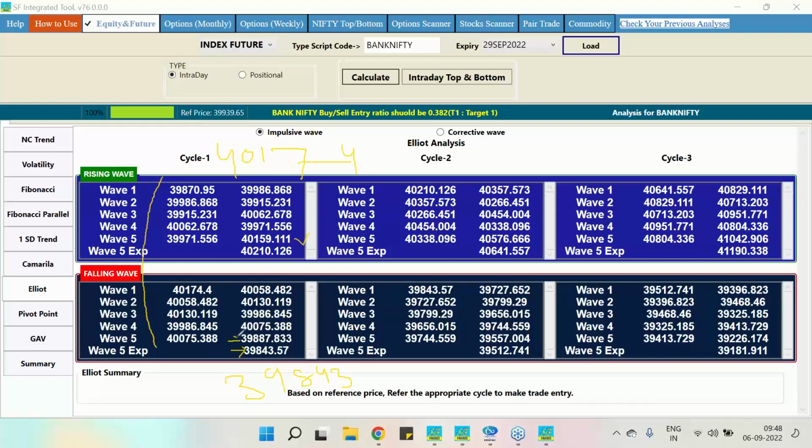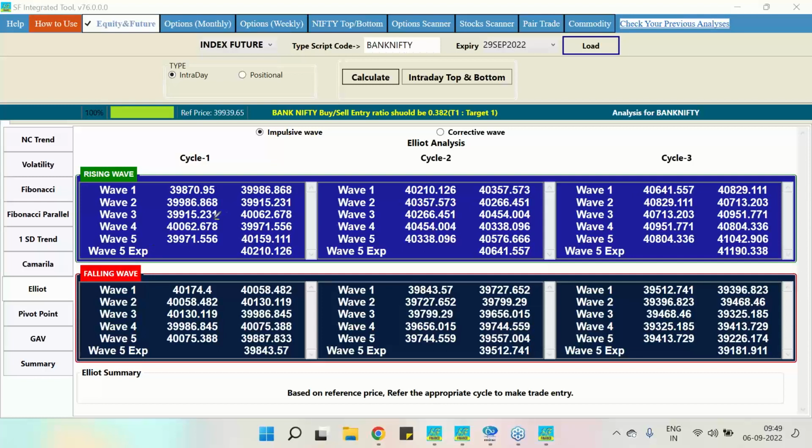Till this point it has come, wave 5, so it has completed the wave 5. Now it has completed impulsive patterns, it will replicate the impulsive pattern throughout the day. Today is the day for impulsive pattern in Bank Nifty.